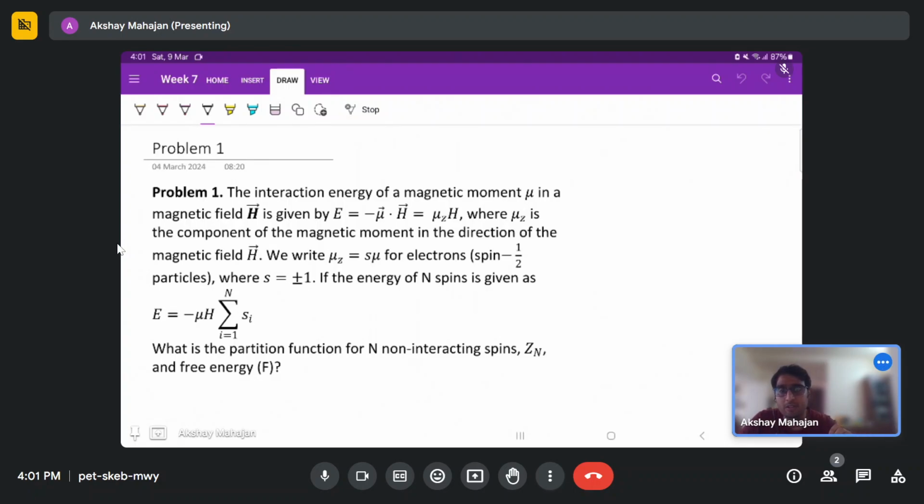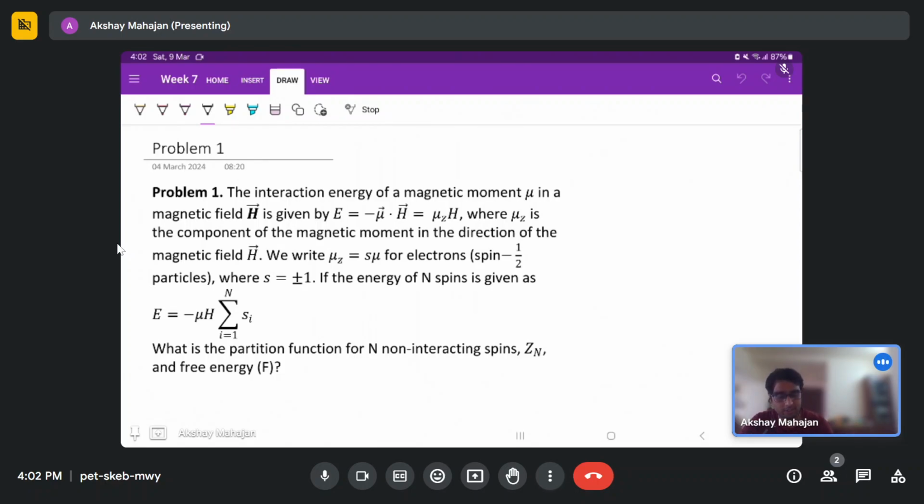We write mu z as S times mu for electrons, spin half particles, where S is equal to plus minus 1. Now if the energy of n spins is given by minus mu H summation i equals 1 to n S_i, then what is the partition function of n non-interacting spins Z_n and free energy F?